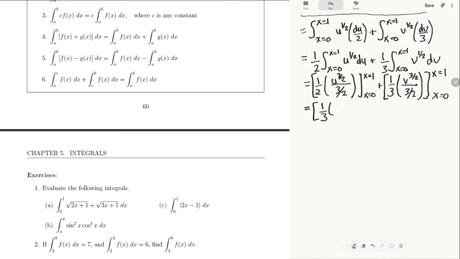So u was 2x plus 1, and this is raised to the 3/2, and we evaluate this at 1 and 0, and we add this to 2/9, and we substitute back the original variable, which is 3x plus 1, raised to the 3/2, evaluated at 1 and 0.